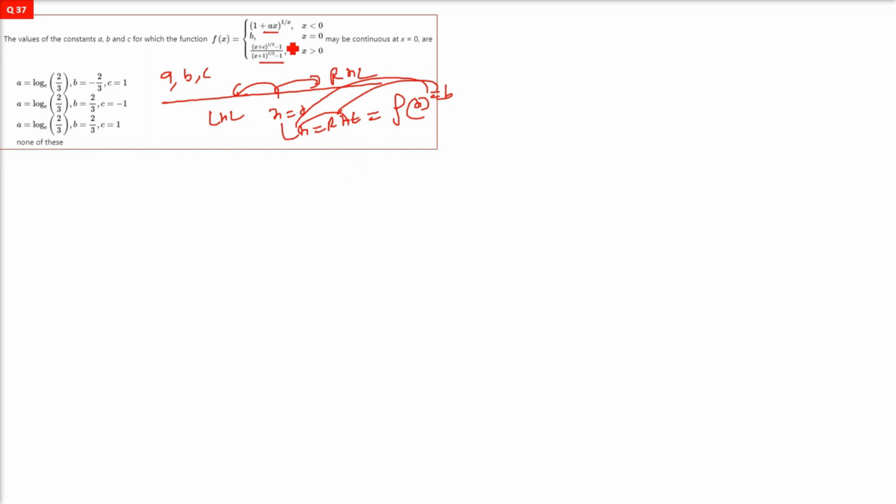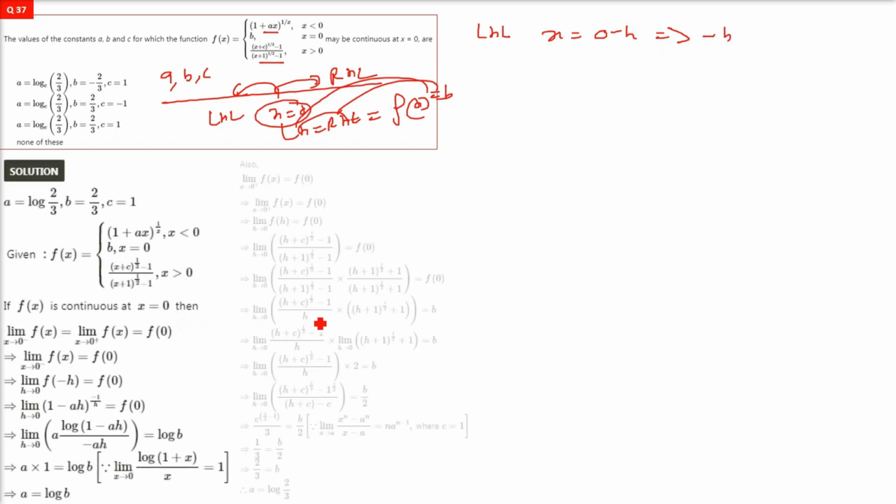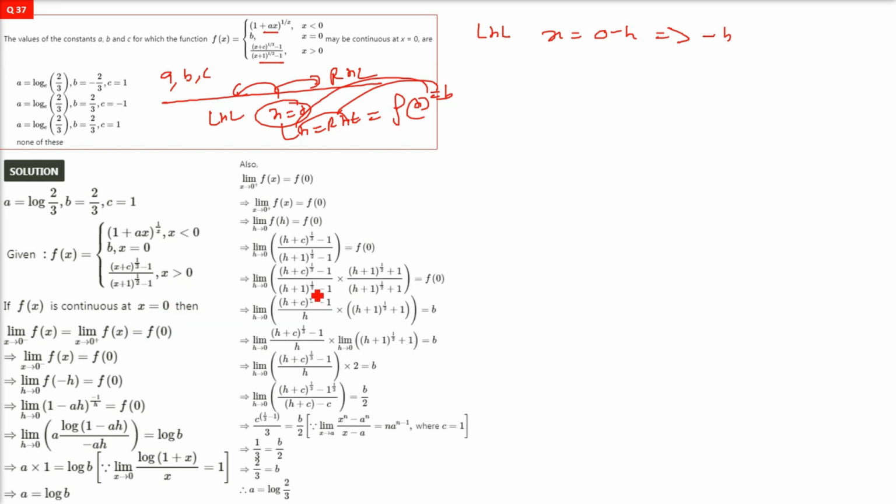Okay, so let us start with the left hand limit. This has to be applied on (1 + ax) to the power 1/x. And since it is 0 minus, we have the left hand limit as 0 - h, so we replace x by negative h. Those who want to do it by themselves, I'm just showing you the result, how you are going to write it.